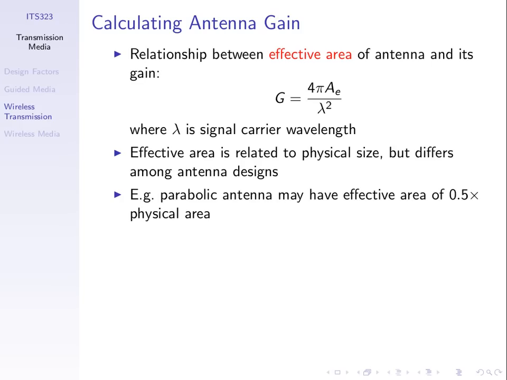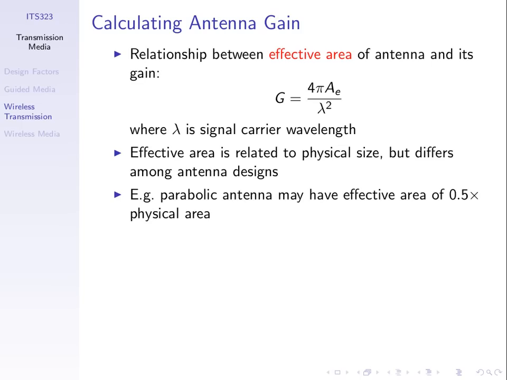So here's my dish antenna. It's curved like that. If you're looking down on it, what shape is it? It's a circle. Okay, from that dimension, it looks like a circle. So what's the size or the area of that parabolic dish? It's about the area of a circle.